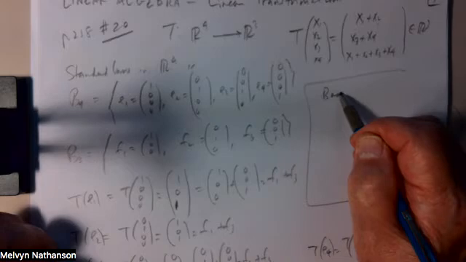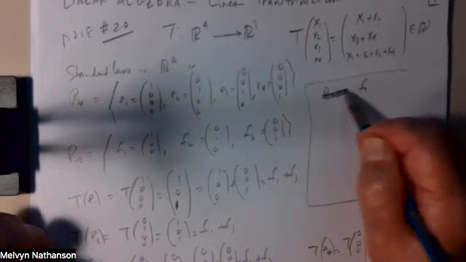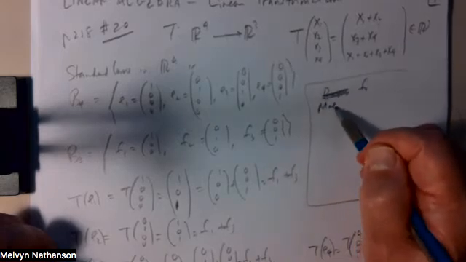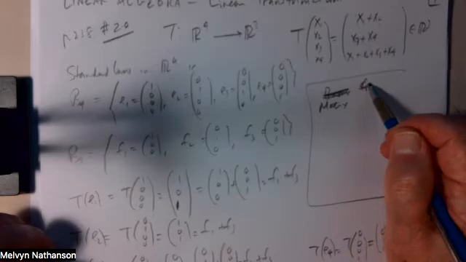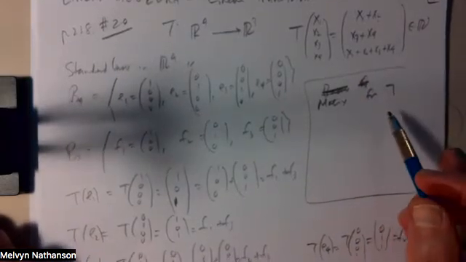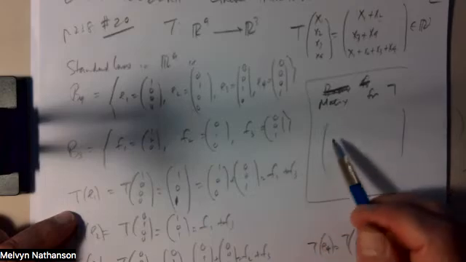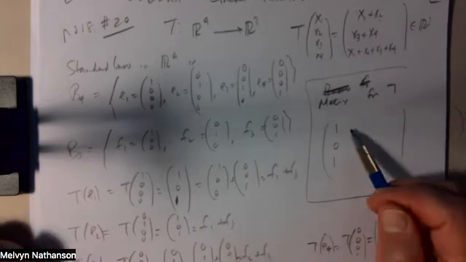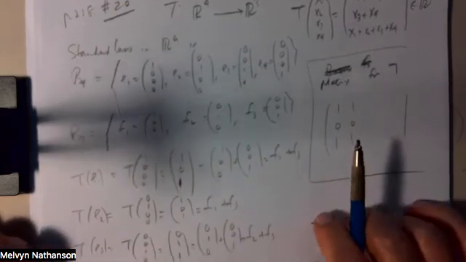So the matrix for T is going to be a 3 by 4 matrix. T of E1, the coordinate vector for this is 1, 0, 1. T of E2, the coordinate vector with respect to the basis of F, is 1, 0, 1.